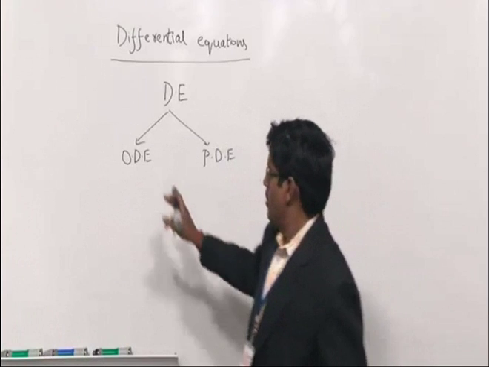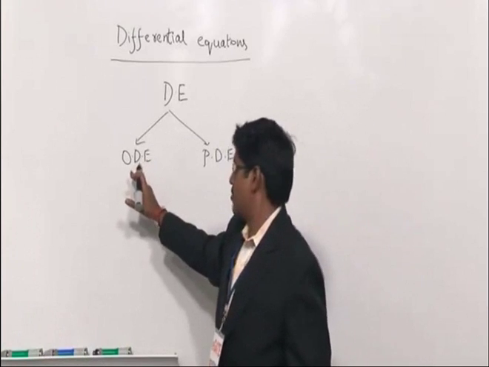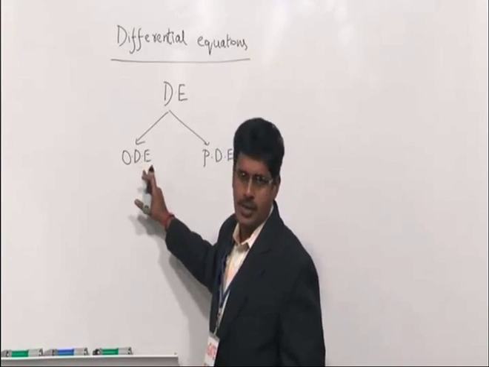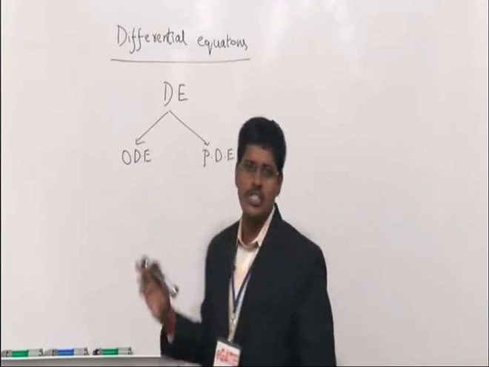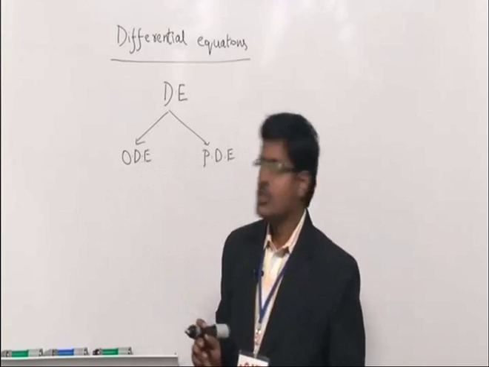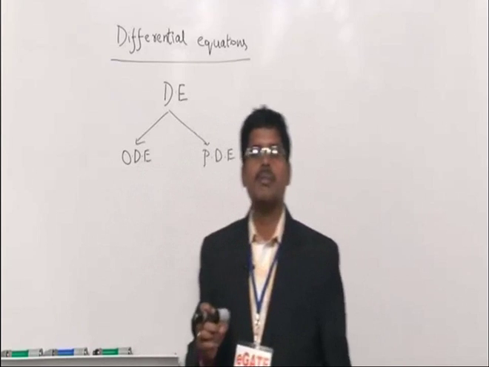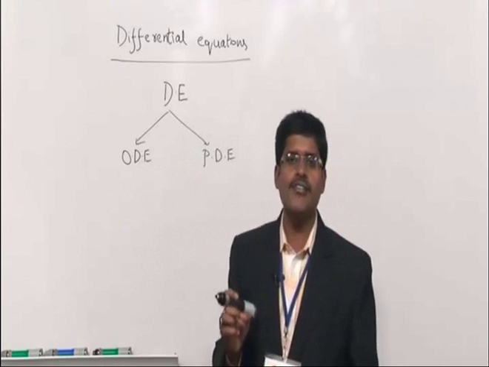But in GATE, 95% of problems are given in this ODE chapter and only 5% on the PDE chapter. Okay. So in that, the first basic definition is order and degree of a DE.